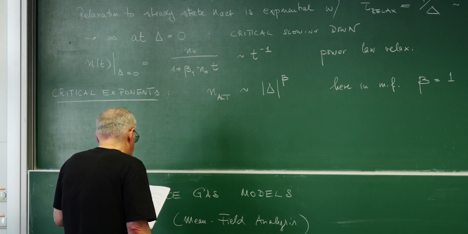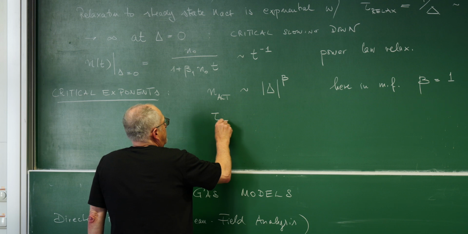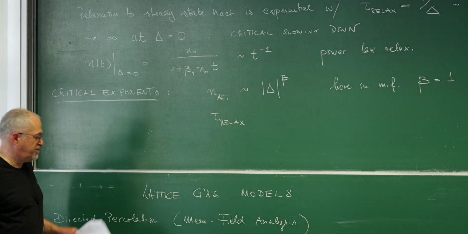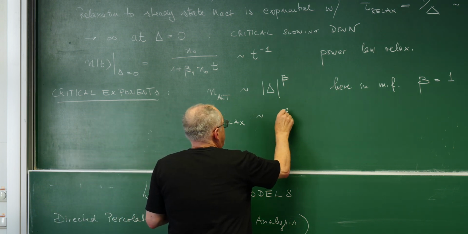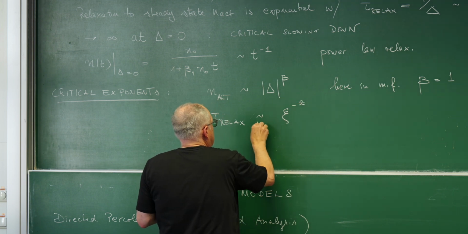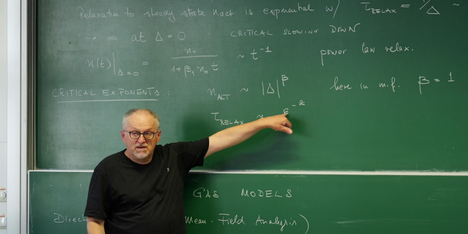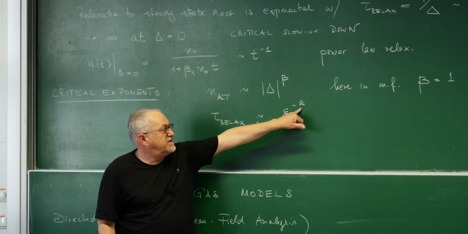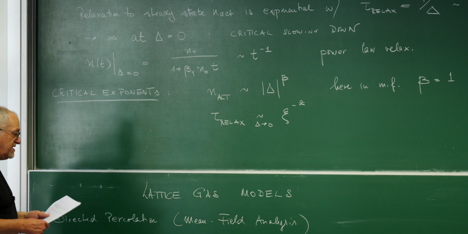Okay. You can also define a dynamic exponent. But a dynamic exponent is usually defined in relation to a correlation length, like so. As the power of the correlation length xi, z is the exponent characterizing the relaxation.